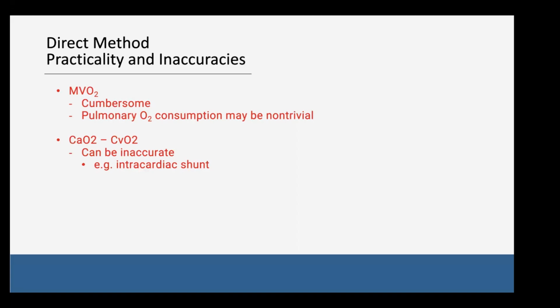But this may not always be true, especially in our patients in the ICU, especially if they have pulmonary ailments, because the pulmonary O2 consumption may actually be non-trivial and therefore may not equate to the systemic consumption of oxygen. And not only that, but the CaO2 minus CvO2, the arteriovenous difference, can actually be quite inaccurate.